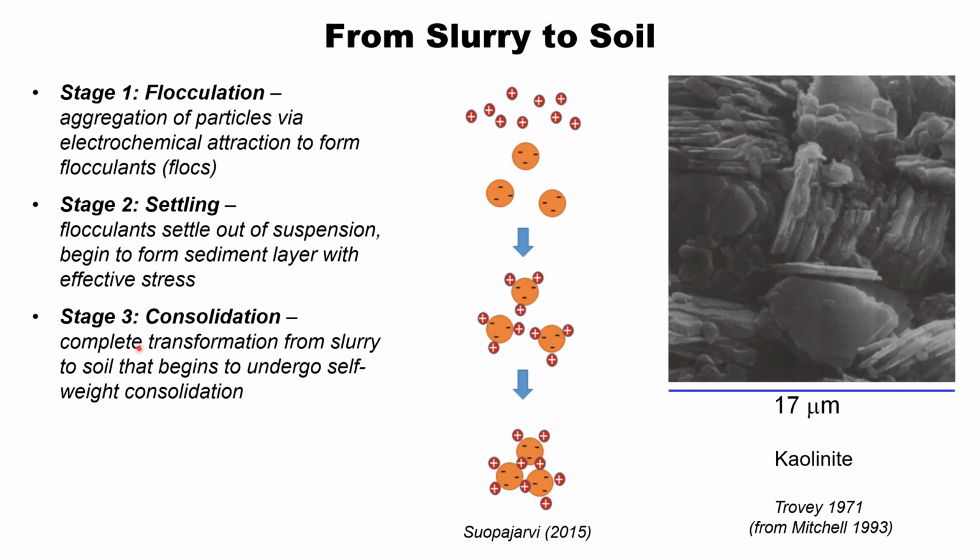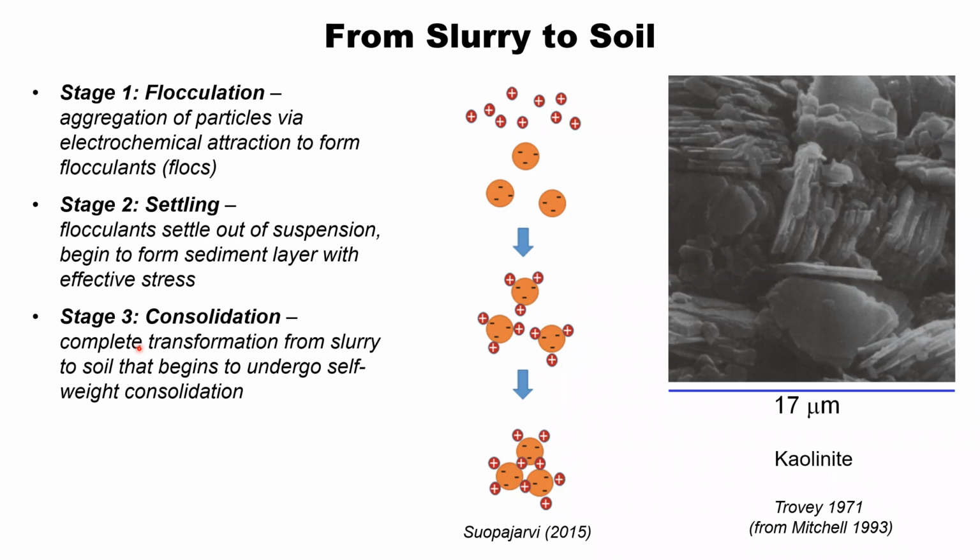And once again, the soil doesn't know that it is mine tailings versus a natural deposit, so many of these processes are quite similar. One of the key differences, though, is your geochemistry. The chemistry coming out from a processing plant commonly is quite different than what occurs naturally.